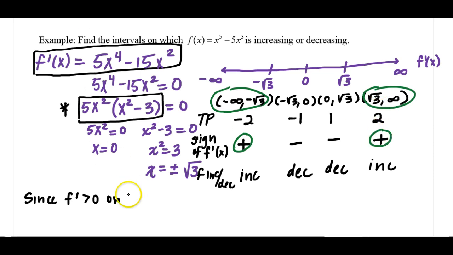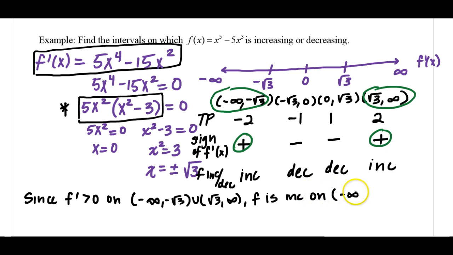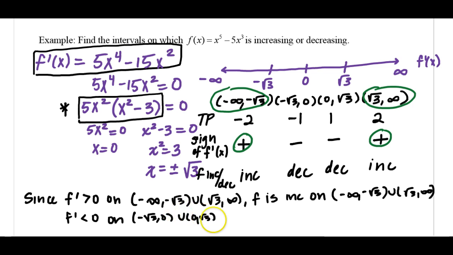So since f prime is positive on negative infinity to negative rad 3 and rad 3 to infinity, f is increasing on those intervals. And then similarly, because f prime is less than 0 on these two middle intervals, from negative rad 3 to 0 and 0 to rad 3, f is decreasing on those intervals.